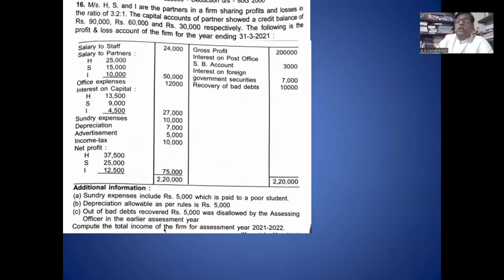Okay, you have to calculate total income. So first of all, you take net profit as per your P&L account. What is the net profit as per your P&L account? Net profit as per P&L account is 75,000. So you take 75,000 net profit.